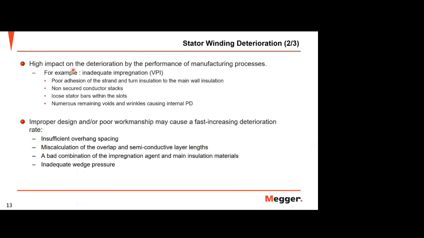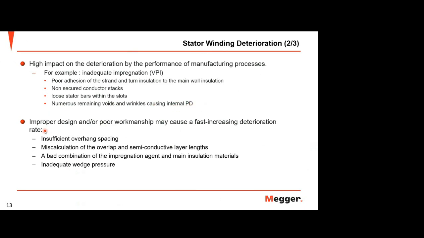There is also a high impact on the deterioration from the manufacturing process, for example inadequate impregnation or VPI. So it is sometimes a poor design in the manufacturing process. It can cause poor adhesion of the strand and turn insulation to the main wall insulation, maybe a non-secure conductor stack, maybe a loose stator bar in the slot, and also numerous remaining voids and resin-rich areas causing internal PD.